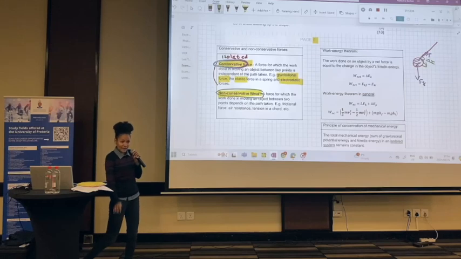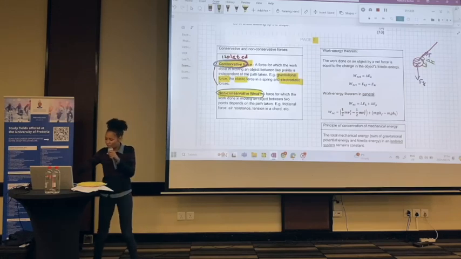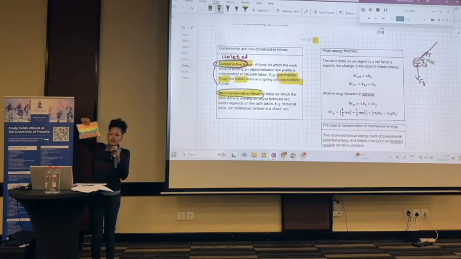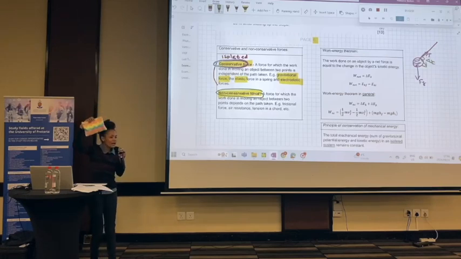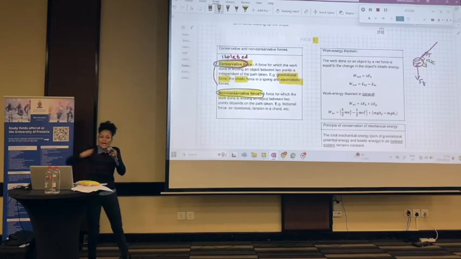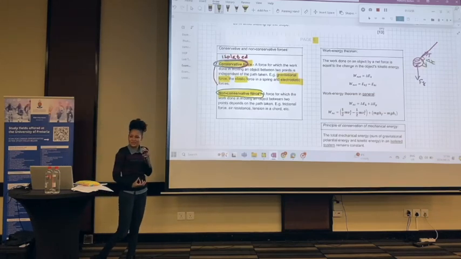I know it's a certain height above the actual ground, but let's assume that it's on the ground. When I take my hand and I lift it, I start to give it energy, and it goes from 0 to something else. That is why my applied force is non-conservative. It has started to add energy to the system.